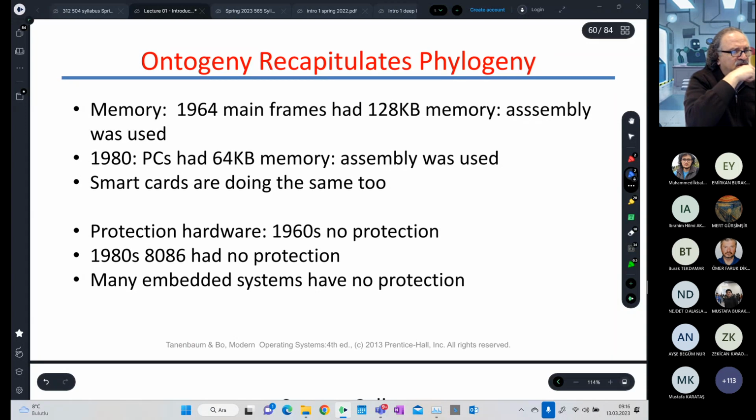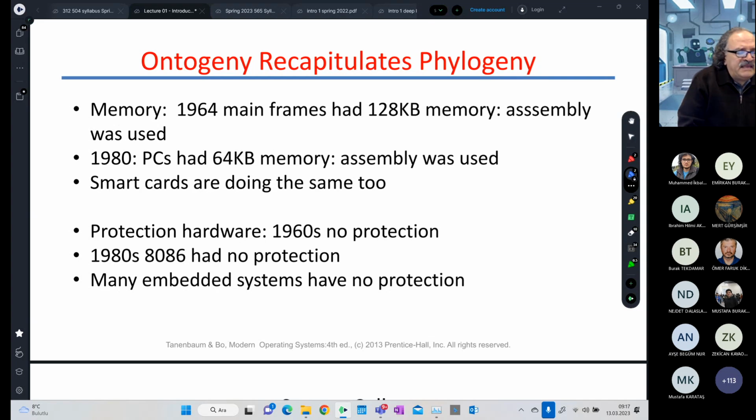And the same thing is happening today. Many embedded systems, which are specialized computers, have no protection. So at a given time in history, there is always some kind of computer that doesn't provide any protection mechanism, but there has to be some kind of operating system there too. So we are facing the same issue over and over again.